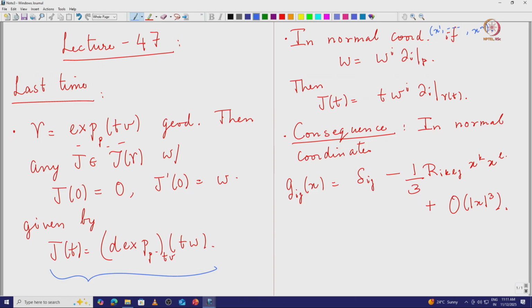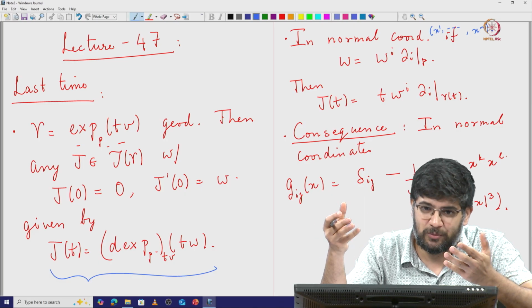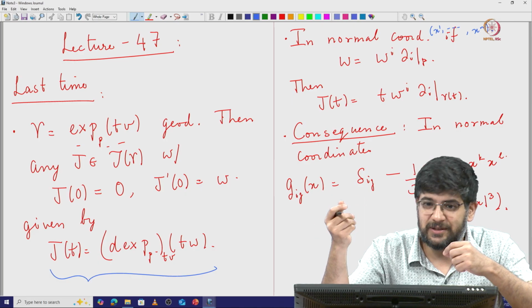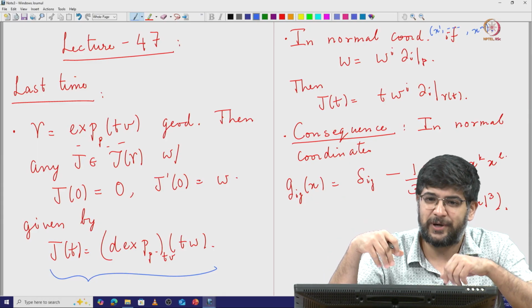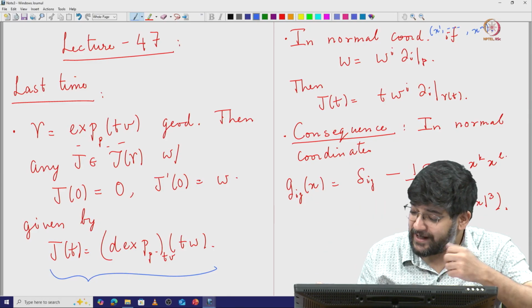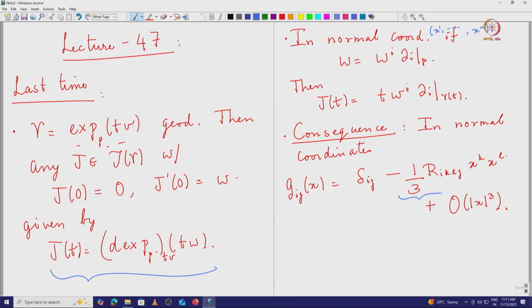So Gij of x is given by the Euclidean part delta ij, then the first order terms vanish because we are using normal coordinates, so the linear terms, the first derivatives of the metric components, vanish. The quadratic terms are given precisely by these curvature terms, okay.